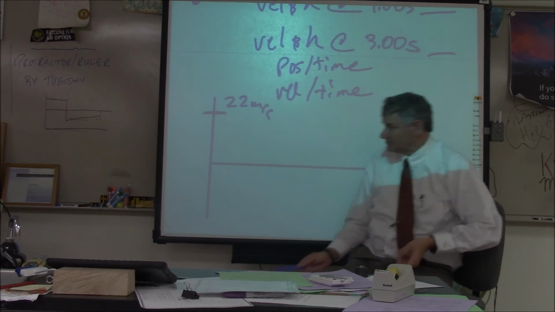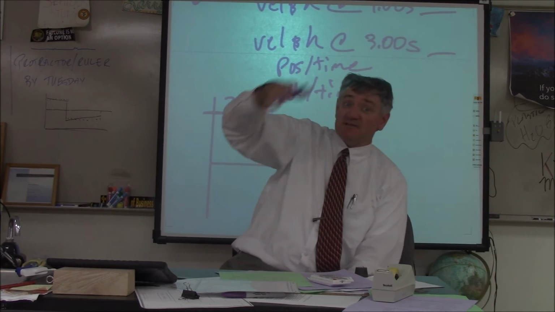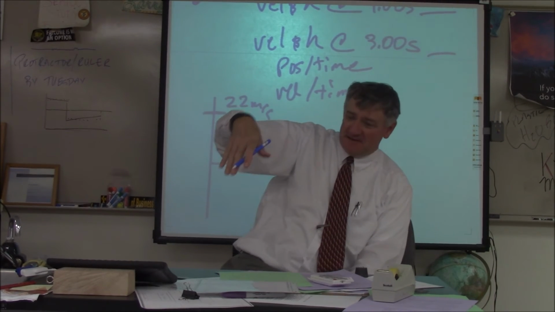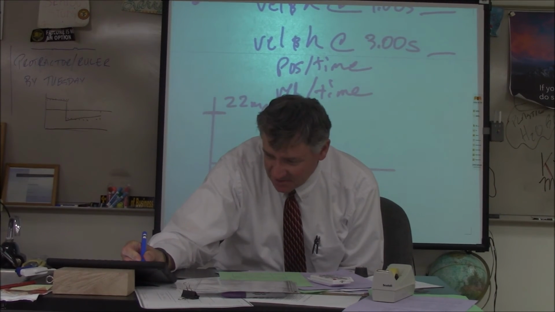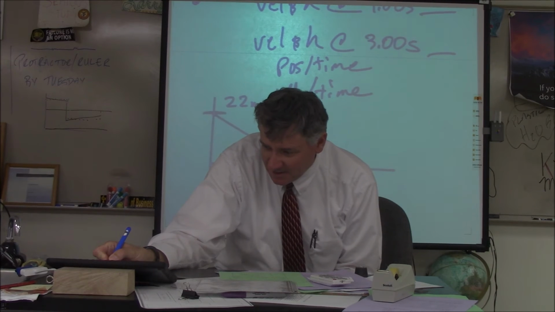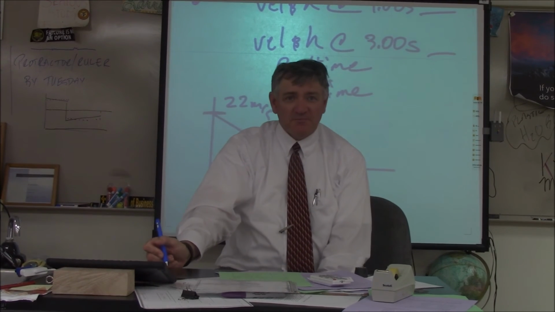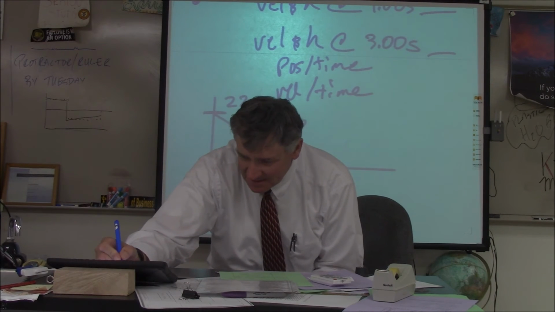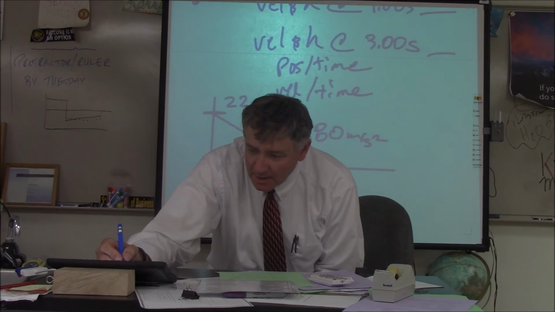Slow down. It's going to be a straight sloping line. And Kira, what's the value of that slope? Fantastic. Negative 9.8 meters per second squared.